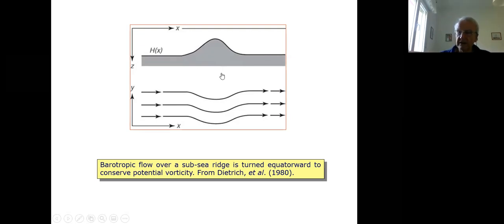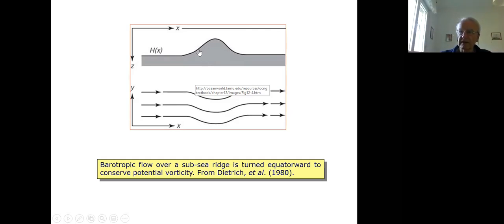Okay, so that's an example of how the flow, in this case barotropic flow, behaves. Why are we talking about barotropic flow? Because the entire water column has a constant density, and so if you squeeze the water column, the water column will be gaining negative vorticity, and therefore it should go equatorward, and vice versa.